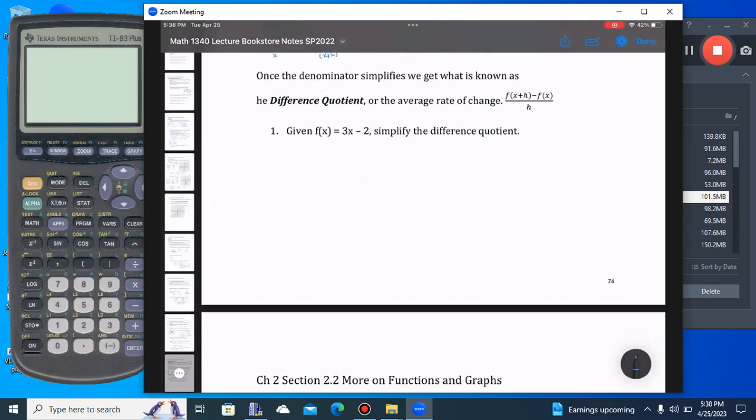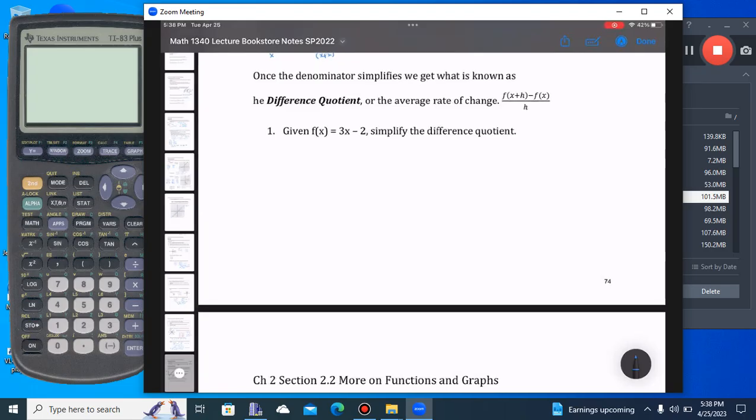All right, so let's look at the function 3x minus 2. We have the points x and x plus h. So we'll have x, 3x minus 2 is your function, and 3 times x plus h minus 2 is your other point for x plus h.